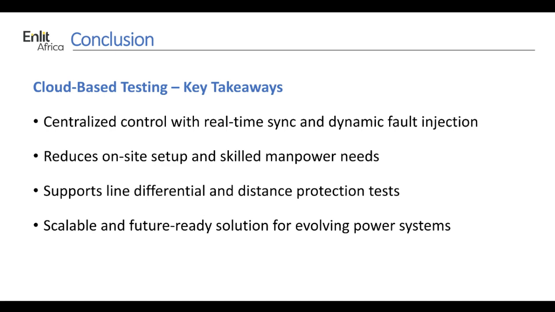And also this technology allows the user to perform testing for line protection schemes like PUTT, POTT, or any other carrier-based testing. Also the line differential protection schemes. Not only that, this methodology allows scalable operations like multi-terminal testing, like 2, 3, 4, even 5 terminal testing, which is possible.